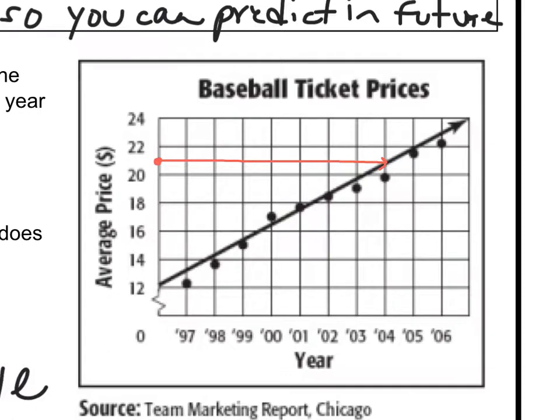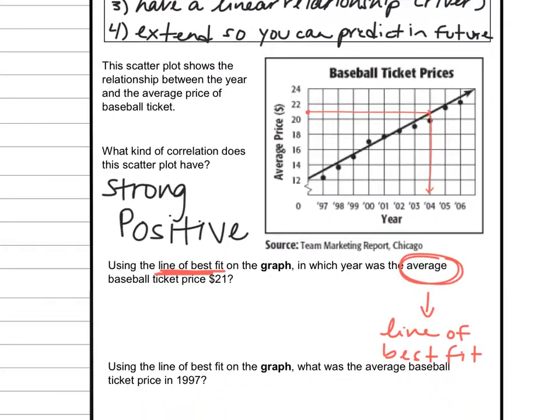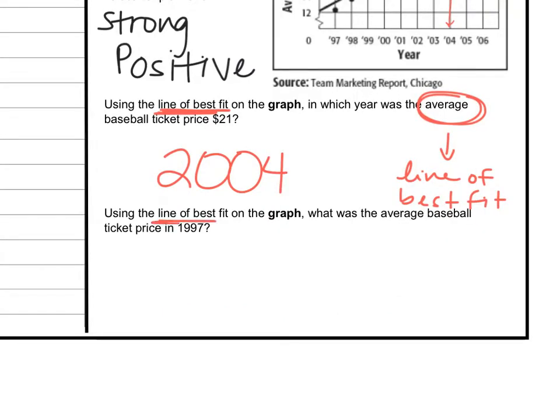And then, what Alice said, go down and see where you end up. What year was it $21 in? Okay, it's in 2004. Now, did I look at the point? Negative. I did not look at this point. I looked at the line. I looked where it hit the line. So it hit the line at 2004. So this is in year 2004. I'm using the line of best fit because we're talking about an average.